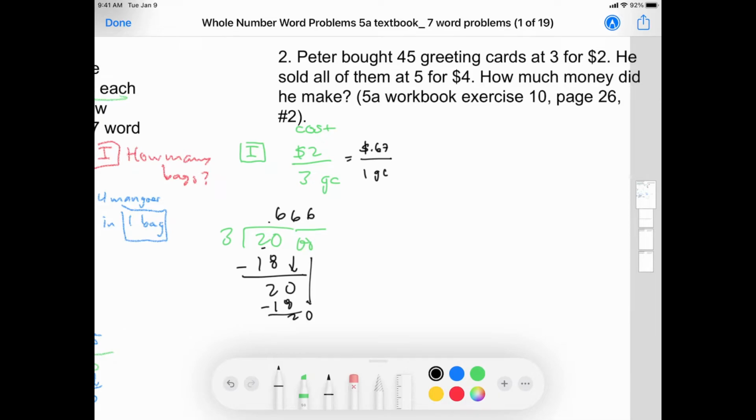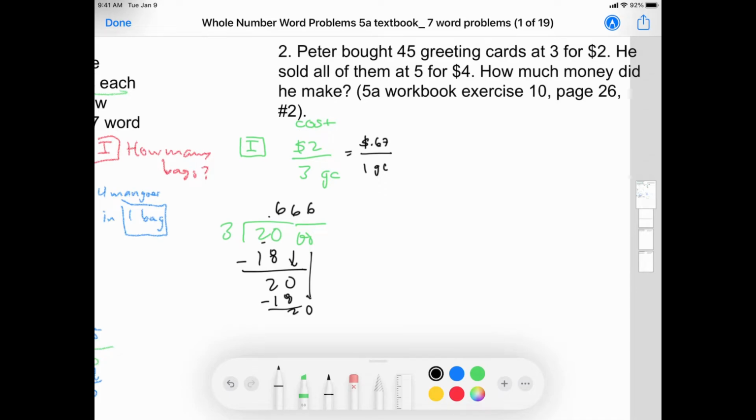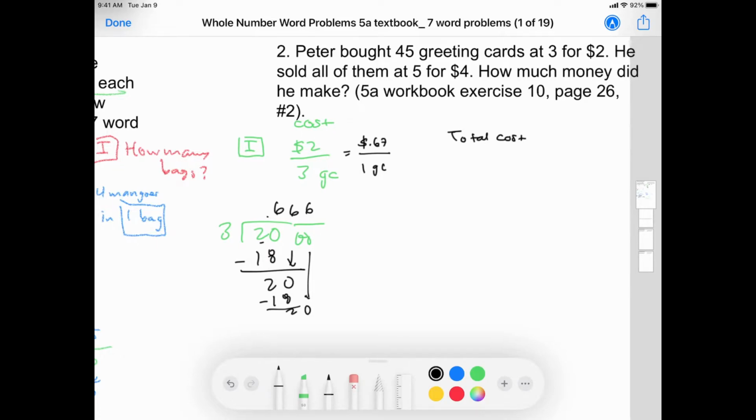This is what it's costing him. If you multiply 67 cents by the 45 cards, that'll give him his total price. So his total cost is going to be 67 cents for 1 card times his quantity, which is 45 cards.